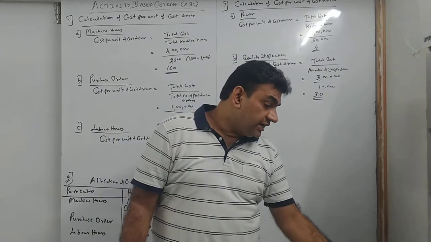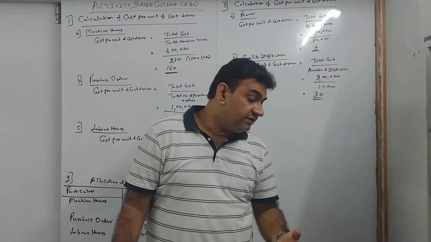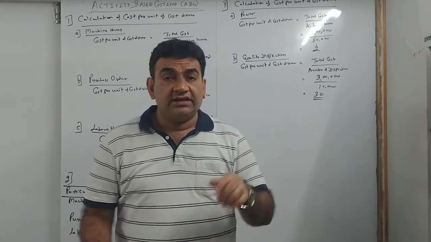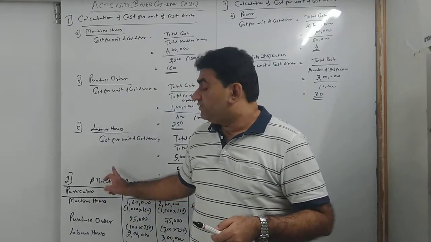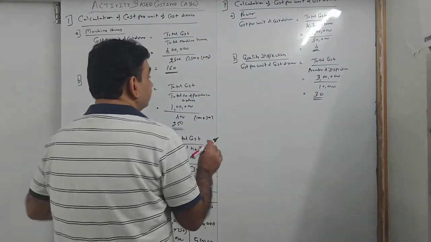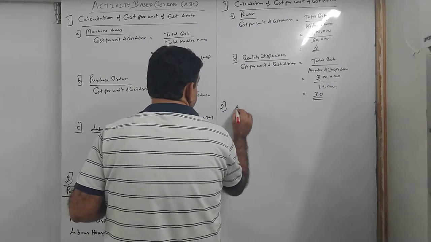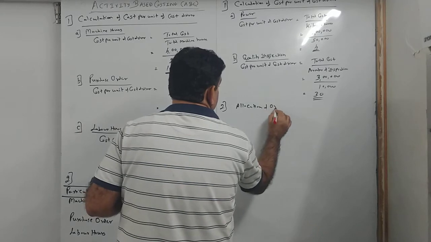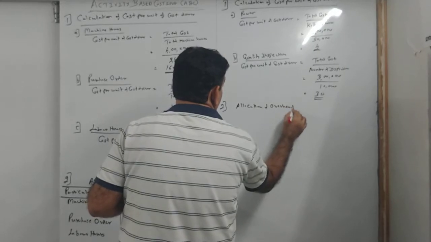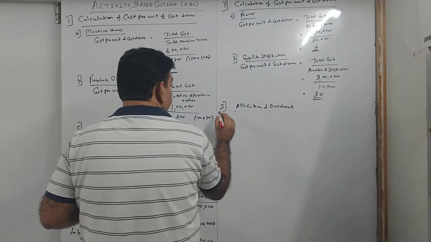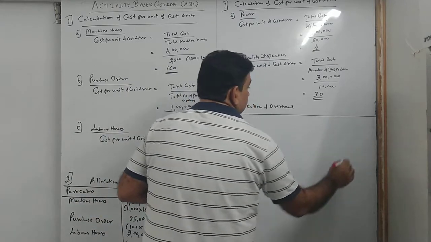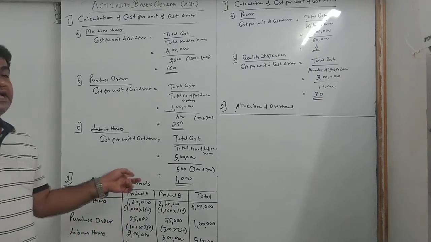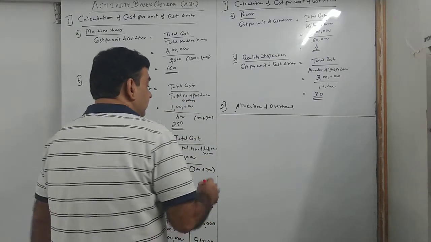ठीक है? There are only 2 activities. Now they have given you 3 products with segregation of their activity. Now मतलब cost driver. We will prepare the same table. ठीक है, this was first. Now second, allocation of overhead. ठीक है. Now see, previous समय there were 2 products A and B. Now there are 3, so one additional column will come.